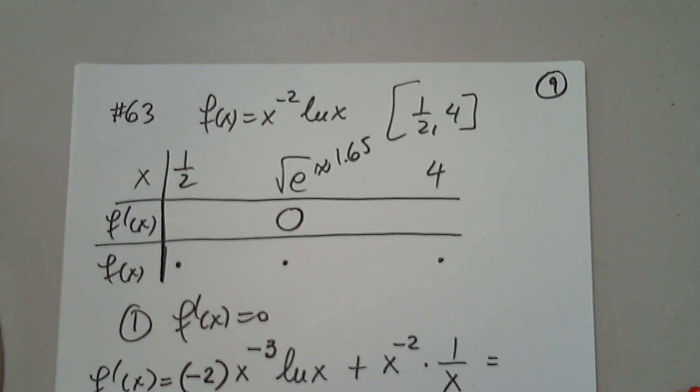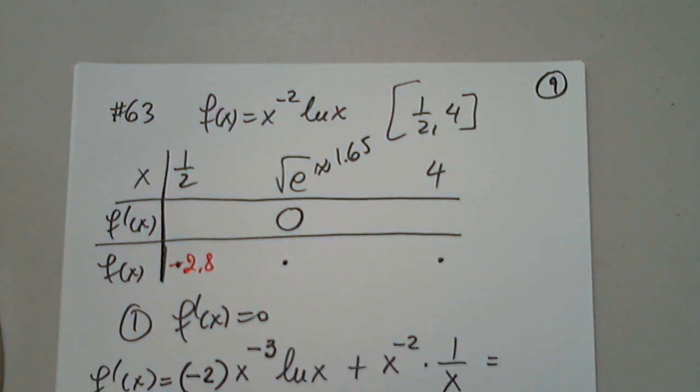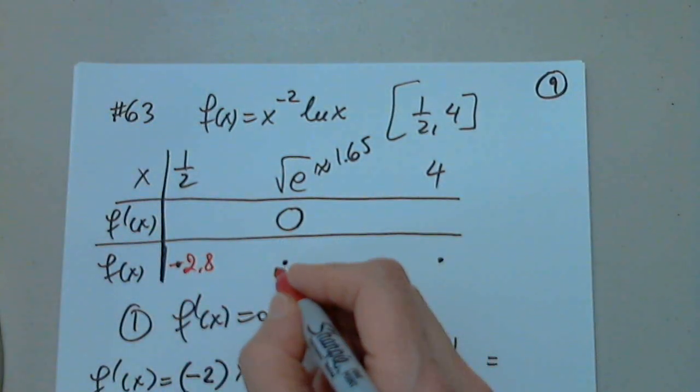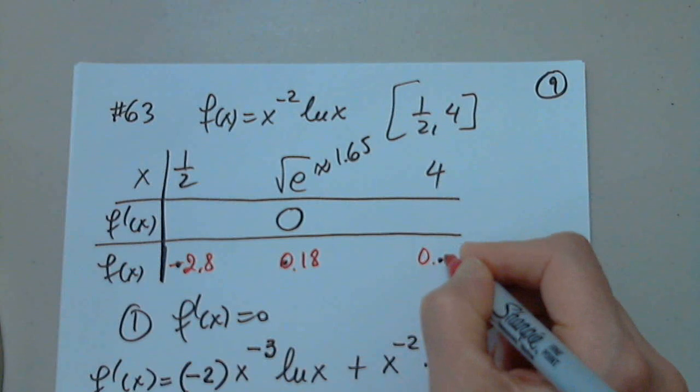And I need 4. Just give me the numbers. So I see -2.8. I see 0.18. And at 4, I see 0.09.